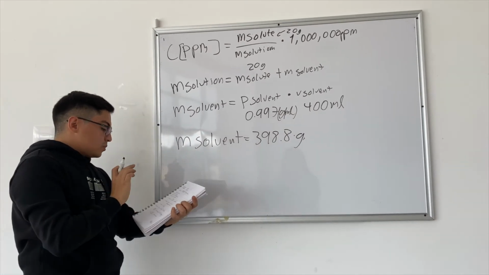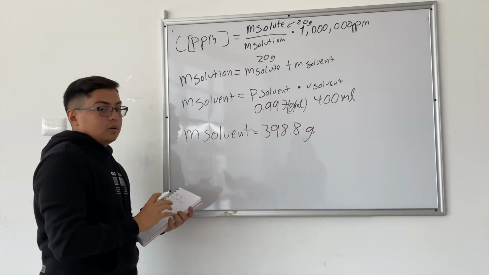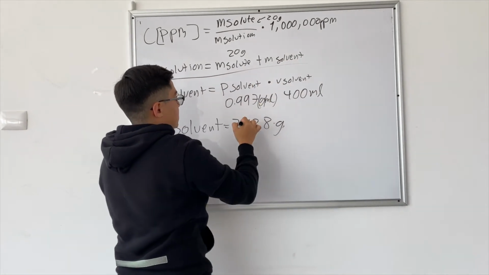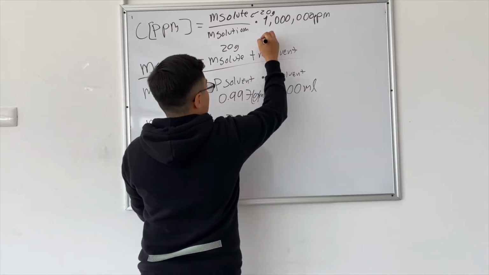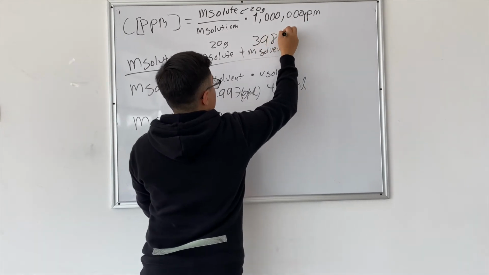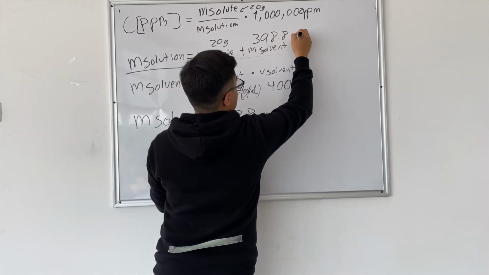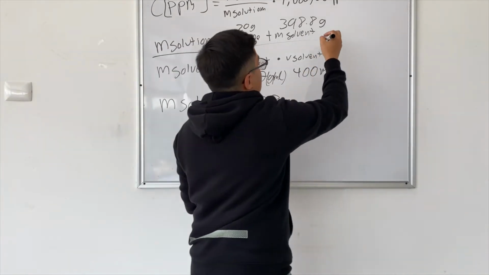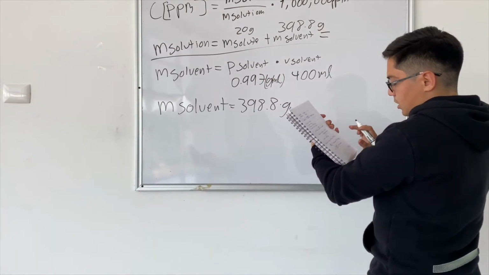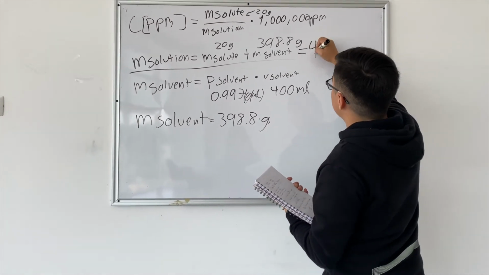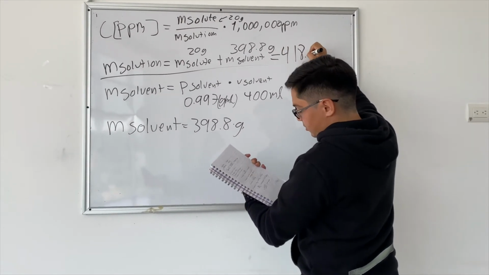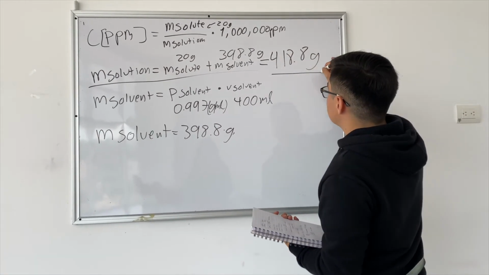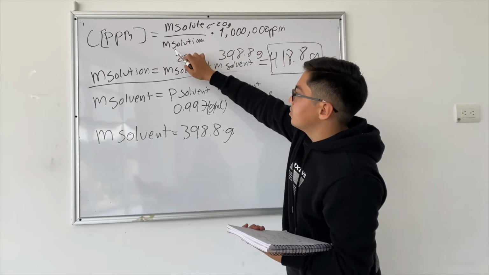So now we can finally complete our equation. Mass of the solvent equals 398.8 grams. Now we add each one, which will give us 418.8 grams. Now that we have the mass of the solution, we can complete our formula.